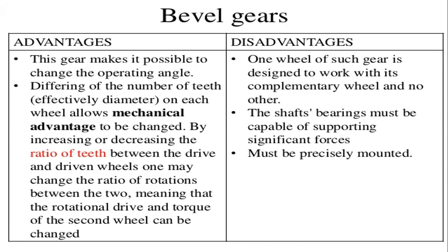Now coming to the disadvantages. One wheel of such a gear is designed to work with its complementary wheel, and no other wheel can be attached to it. That is a disadvantage of the bevel gear.